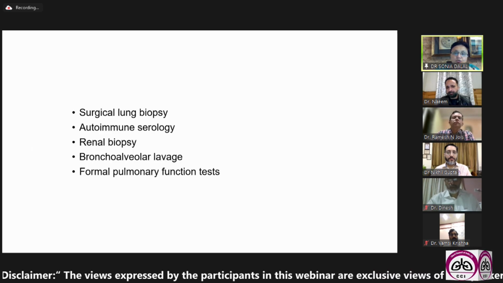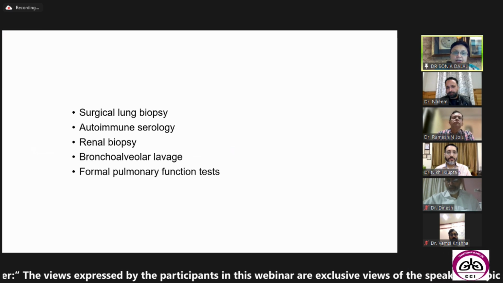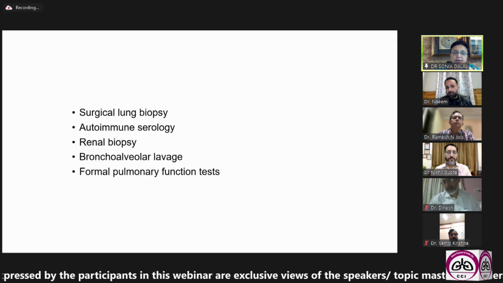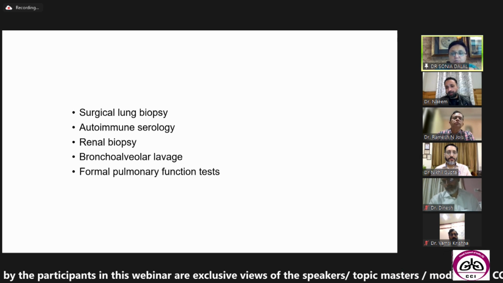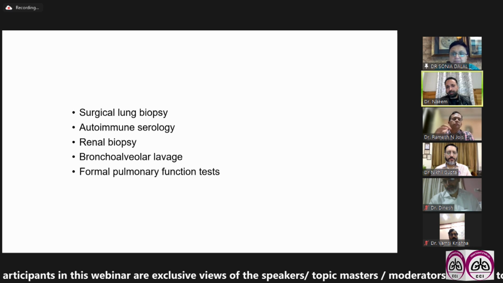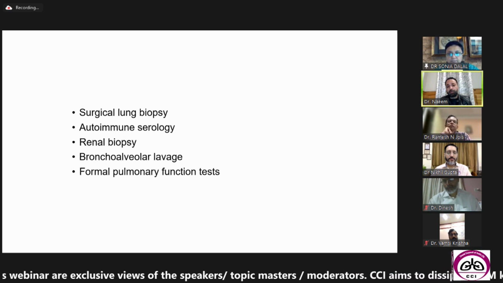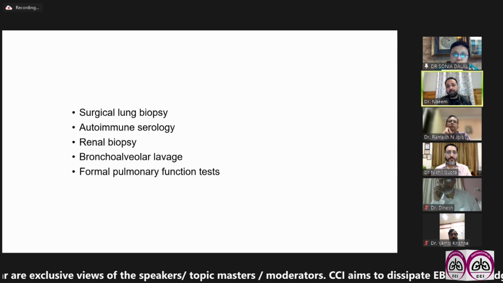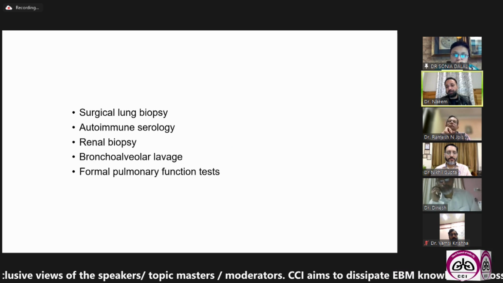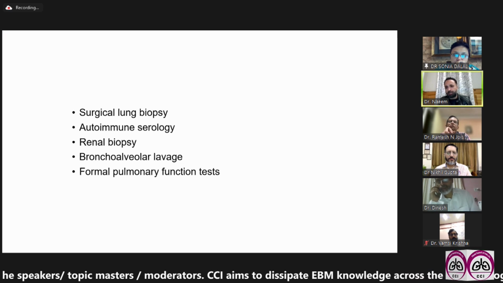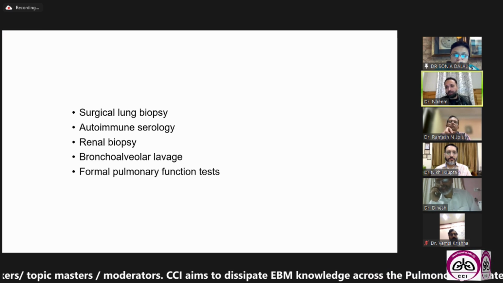So would you add this into your armamentarium? Surgical lung biopsy, autoimmune serology, renal biopsy, a bronchoalveolar lavage, and a pulmonary function test. Of course, pulmonary function tests are not possible because the patient is in the ICU. Yes. The other things mentioned here, like bronchoalveolar lavage, renal biopsy, and autoimmune testing, yes, but we should have a baseline first to see the platelet count and CRP, which way we are going.